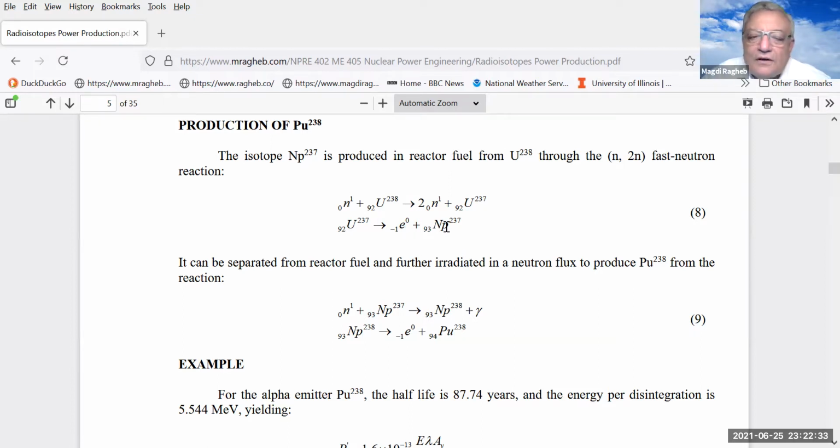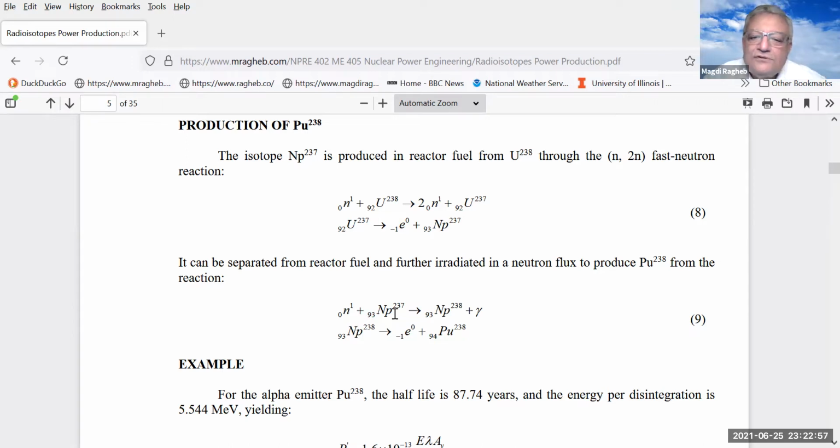So in the spent fuel from nuclear power plants, NASA chemically separates it, because it's a different element, with 93 electrons rather than 92. It can be chemically separated from the spent fuel from nuclear reactors. Then that neptunium-237 is taken, placed in a research reactor and irradiated again.